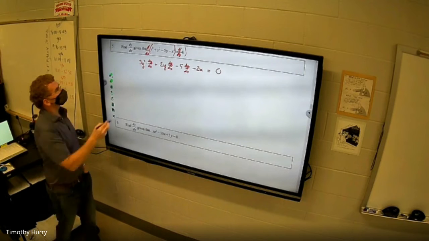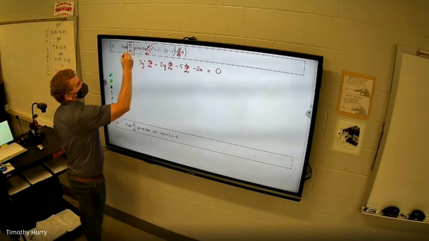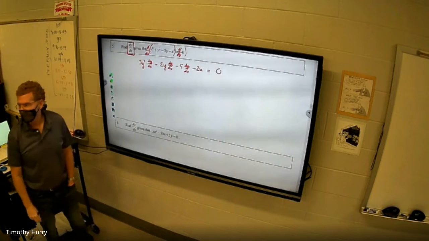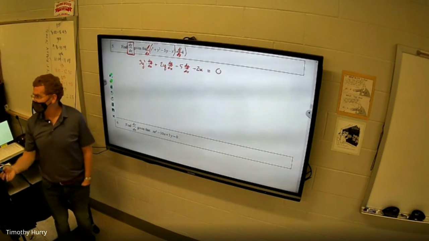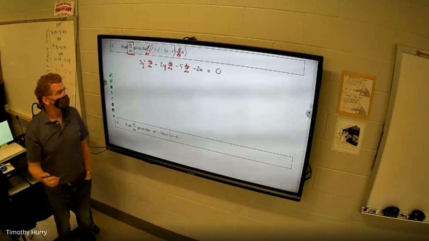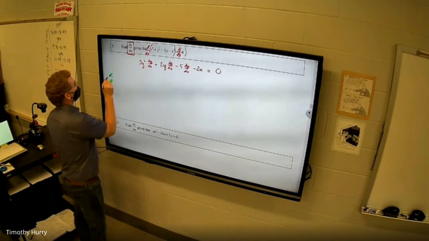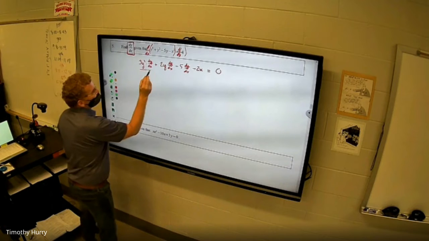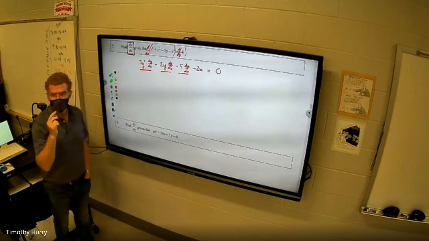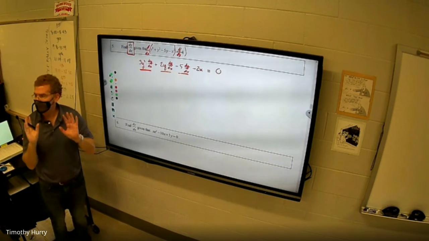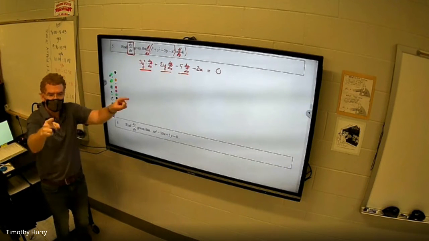Now your goal is to find dy dx. To find it, we want to isolate it and solve for it. I look at this and see there are 3 terms that have a dy dx, and one that doesn't. Take everything that doesn't and move it to the other side.